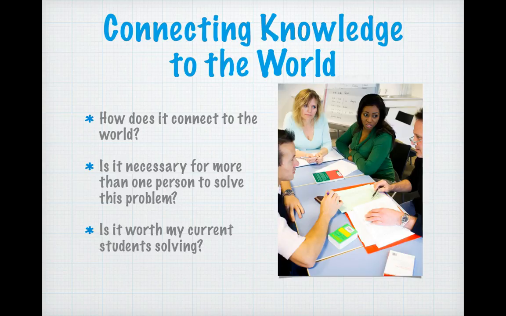And what I mean by that is each year, sometimes certain projects won't work because of the students. Even though a lot of times it does, there's times that it's just not worthy of the students that's in front of me. So, for example, I have loved doing the cell phone project that I've done in my Algebra 1 class for years.